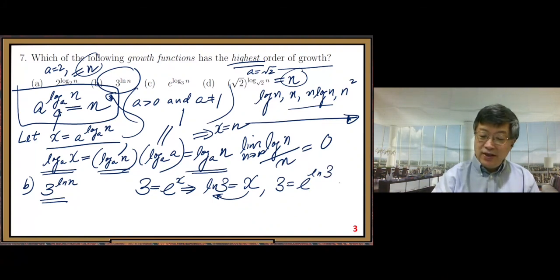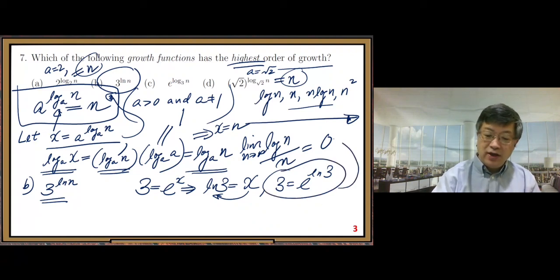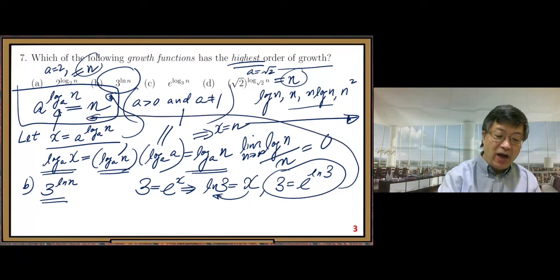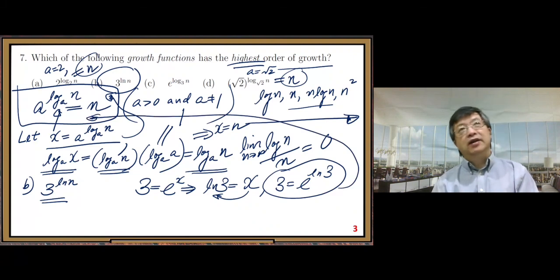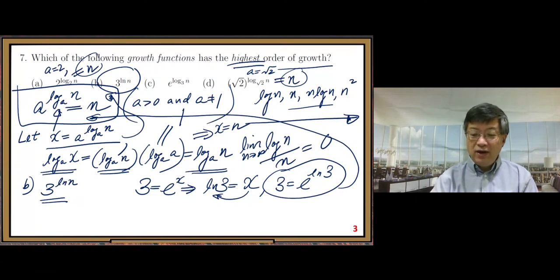So you can see this formula is just another way we apply the key formula for this question. That key formula, a equals e, right? So here we use a equals e, n equals 3.